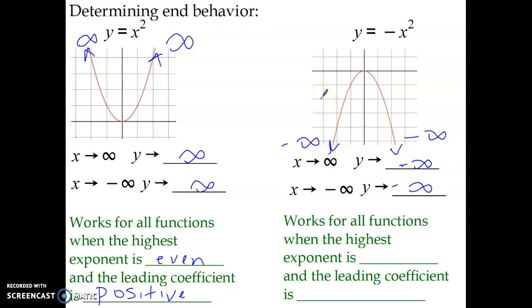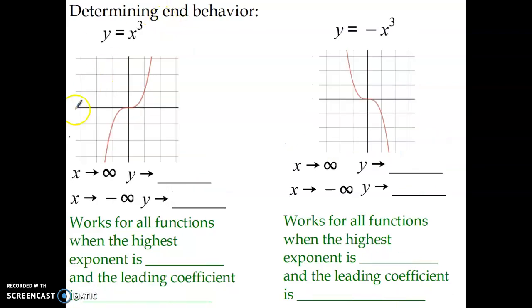So when the highest exponent is even and the leading coefficient is negative, that's what's going to go in those two blanks. Now you guys have already learned parabolas. You already know that positive x squared opens up and negative x squared opens down. So all you have to do is remember that every one that has a highest exponent that is even works exactly the same way as the x squared that you have already learned and practiced with.